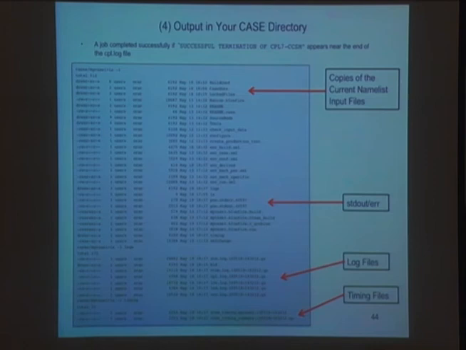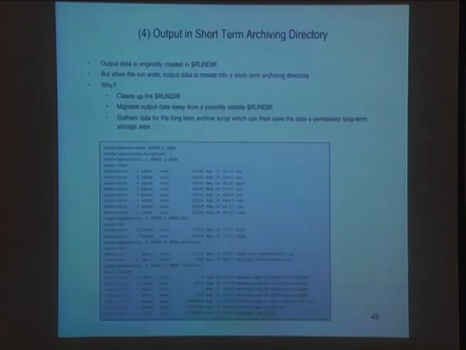Stuff like I'm at day 1, I'm at day 2, I'm at day 3, maybe some global diagnostics, smallish data that's written to standard out and is ASCII text. And then there are some other files with timing information. If you really get into production mode, you'll want to look at that, and it'll tell you how fast your model is running, and other information that can help you make it run faster, potentially.